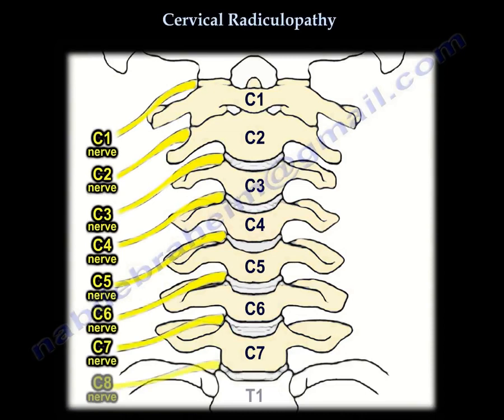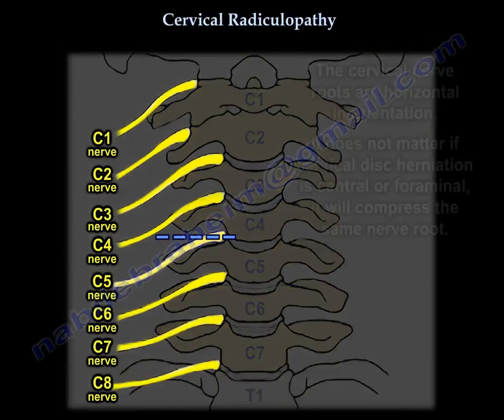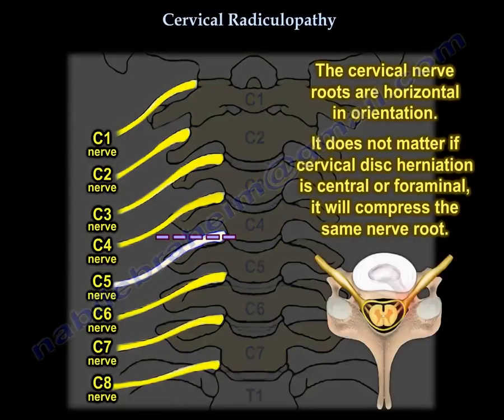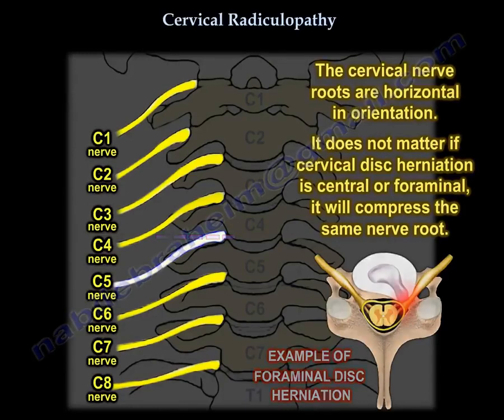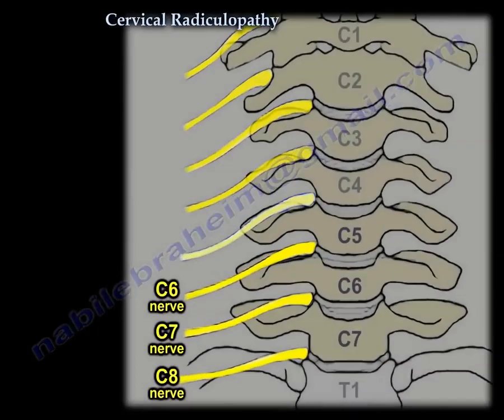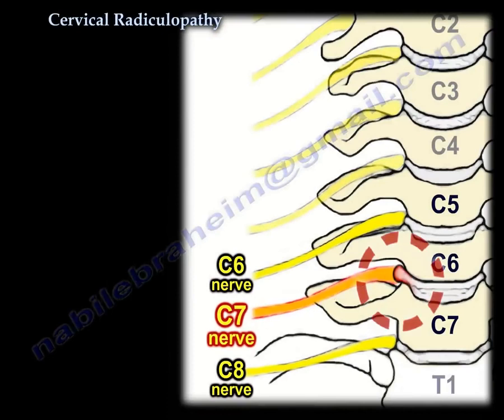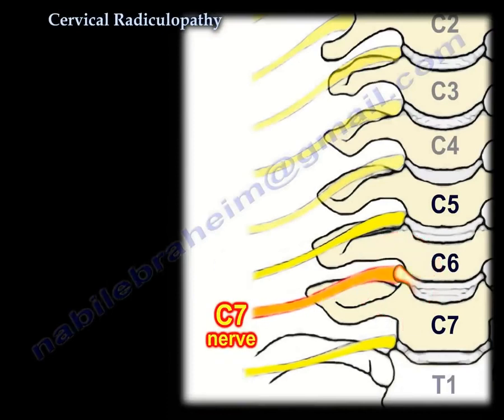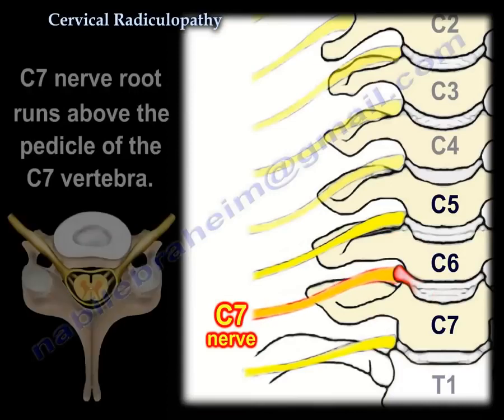So what happened? The cervical nerve root is horizontal in orientation. So it doesn't matter if the disc is central or the disc is foraminal, it will get the same nerve root. For example, if this is at the level of C6, C7, it's going to get C7 nerve root. And this nerve root runs above the pedicle.